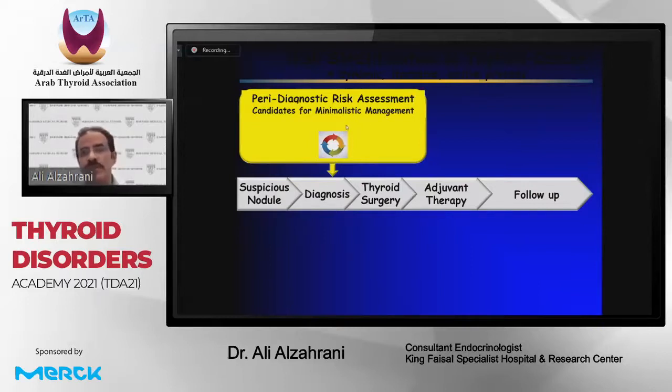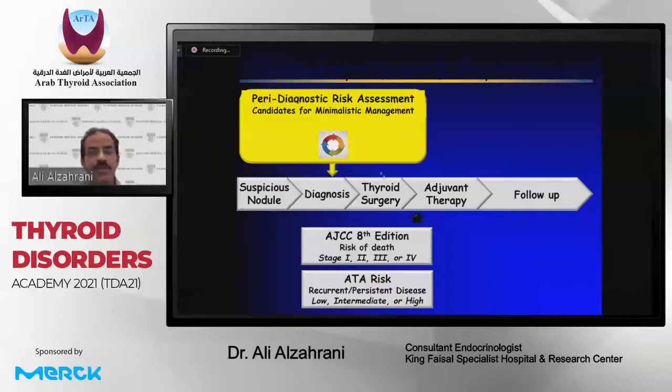Should we do lobectomy or total thyroidectomy? Should we do cervical lymph node dissection or not? All of that is risk assessment. After surgery, when the patient comes to you around 6 to 8 weeks, you have 2 tools to assess his risk again: the AJCC 8th edition to assess the risk of death, or the American Thyroid Association risk stratification that basically assesses the risk of recurrence and persistent disease.